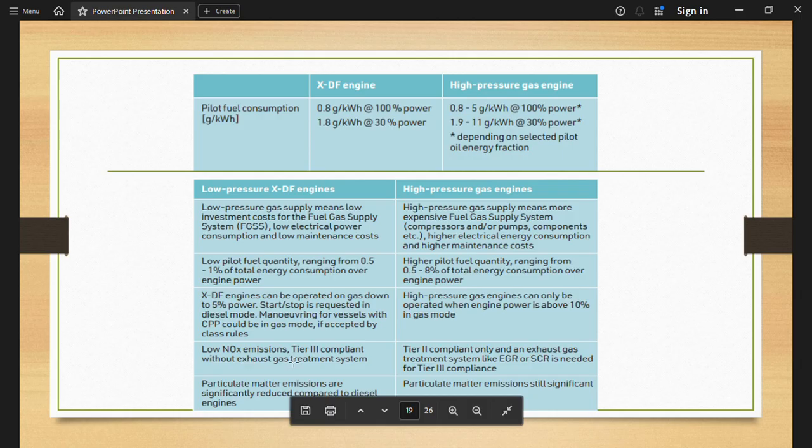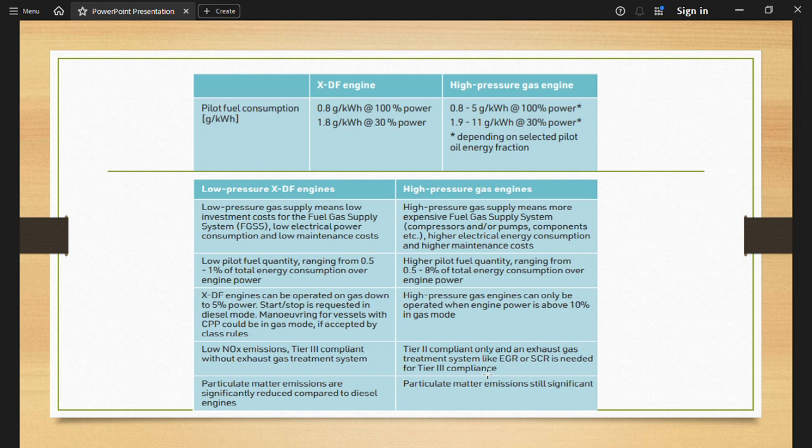Low NOx emission, tier 3 compliant without exhaust gas treatment system. Tier 2 compliant, only an exhaust gas treatment system like EGR or SCR is needed for tier 3 compliance. Particulate matter emissions are significantly reduced compared to diesel engine. Particulate matter emissions still significant.